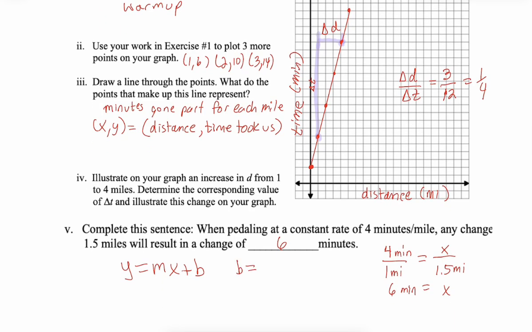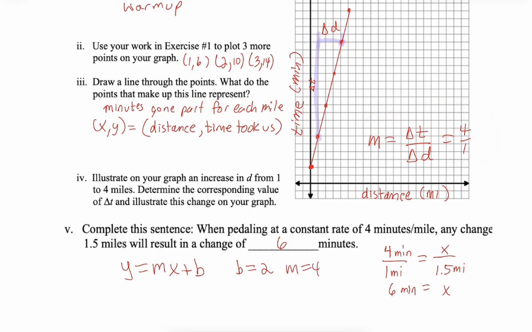Our starting place was 2 minutes because we've already gone 2 minutes, right? Our rate, because in this equation the change in y is time over the change in x, our slope is change in time over change in distance. So it's not 1/4, it's 4 over 1. It's always the change in the y value over the change in the x value, which in this case would be 4.